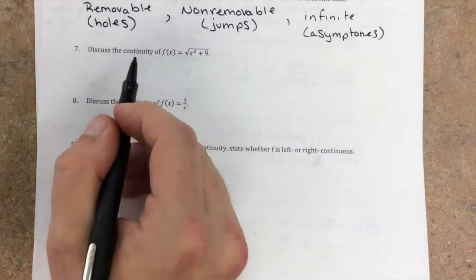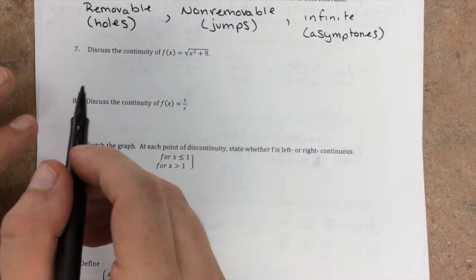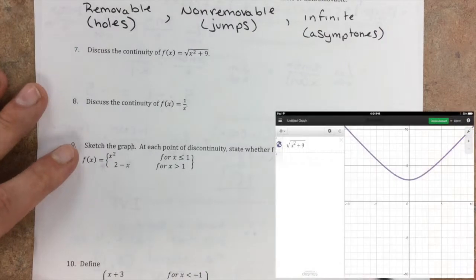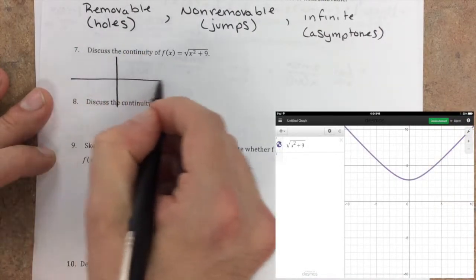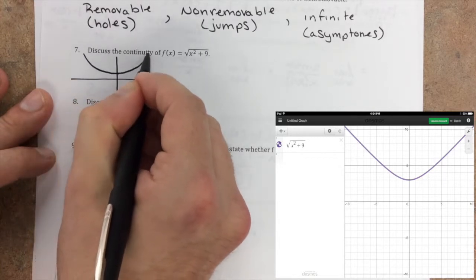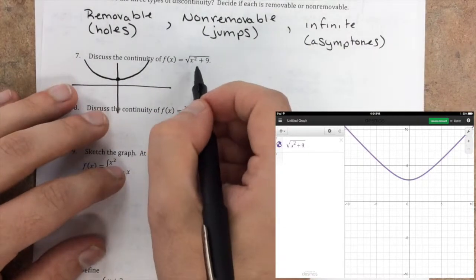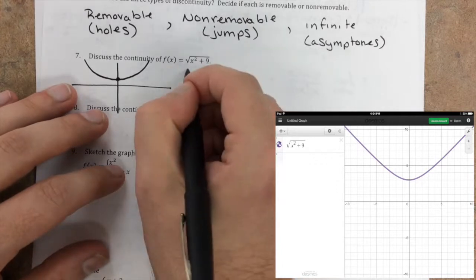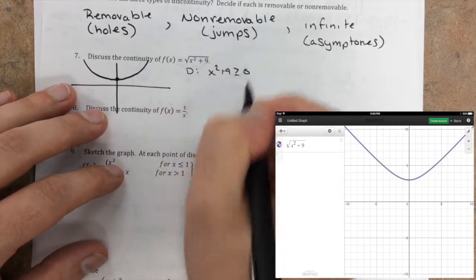Number 7, discuss the continuity of f of x. So if I type this into my graph, which you can see here, I get a graph that looks something like this. So it looks like a parabola. And if I examine the domain a little bit, x squared plus 9 has to be greater than or equal to 0, right?